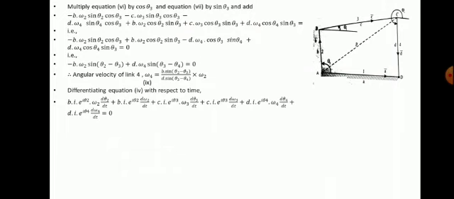Therefore, the angular velocity of link 4, omega 4, is equal to b sin theta 2 minus theta 3 divided by d sin theta 3 minus theta 4, into omega 2. Omega 4, the angular velocity of link 4, can be calculated by this equation.